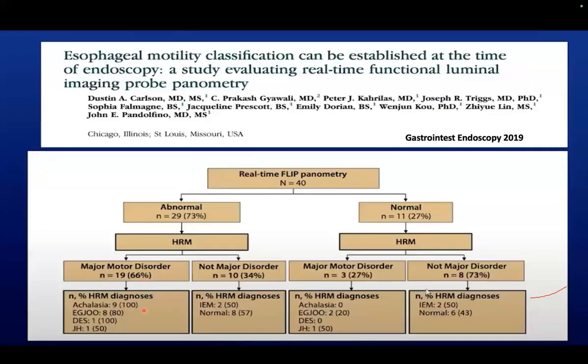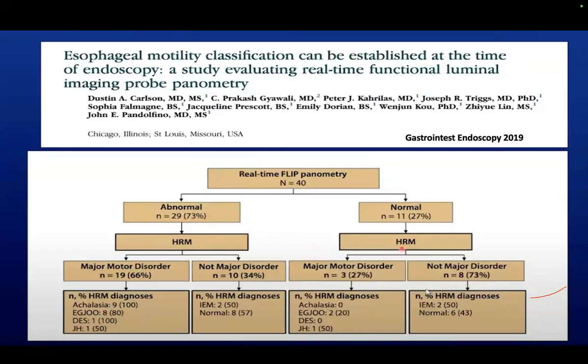Most of these were the major motility disorders that we all know. Again, EGJ outflow obstruction was seen in a fair proportion of patients. We again don't know whether these are artifacts or not, but what is more important is that major motility disorders form a very major component of all those who showed abnormal EndoFLIP findings.